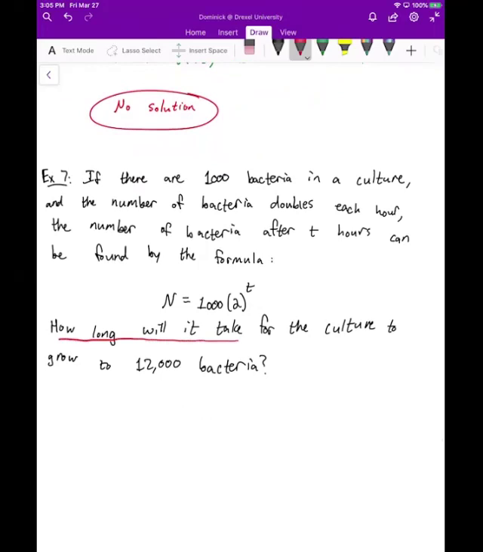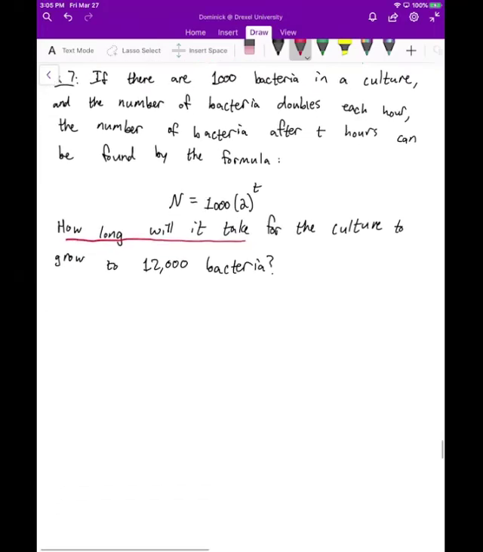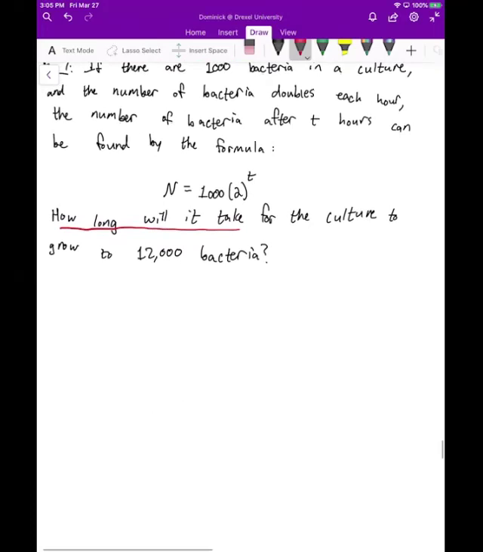Now, if we want to know how long something will take, that means that we're interested in our t value, right? So what we're really solving is we know that it's going to grow to 12,000. So we're solving 12,000 is equal to 1,000 times 2 to the t, and we want to solve for t.